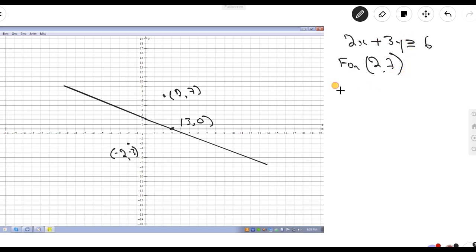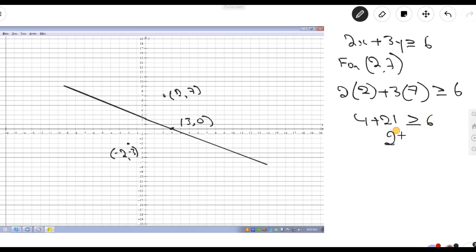It is 3, 7 is greater than or equal to 6. Of course it is satisfying. It is 4 plus 21, that is 25, and it is greater than 6. So it is satisfied. Okay, let us check (3, 0), and definitely it is going to satisfy because it is resting on the line.